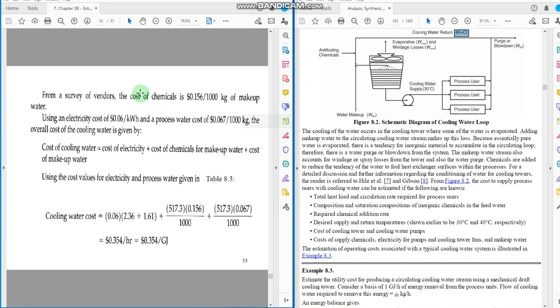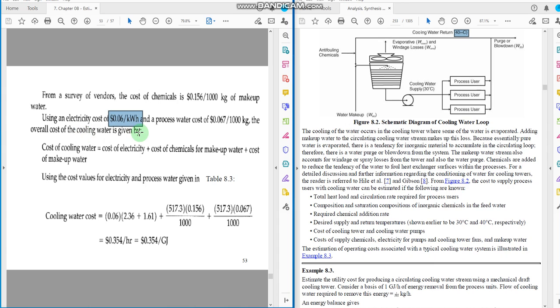Now you have to use the electricity cost of 0.06 dollars per kilowatt hour from table 8.3, and the process water cost, which is $0.067 per 1000 kg.